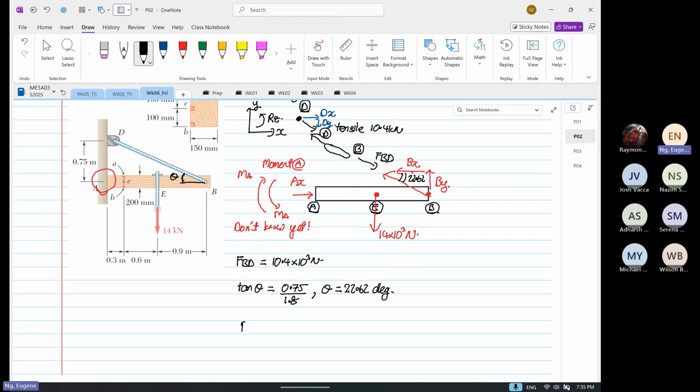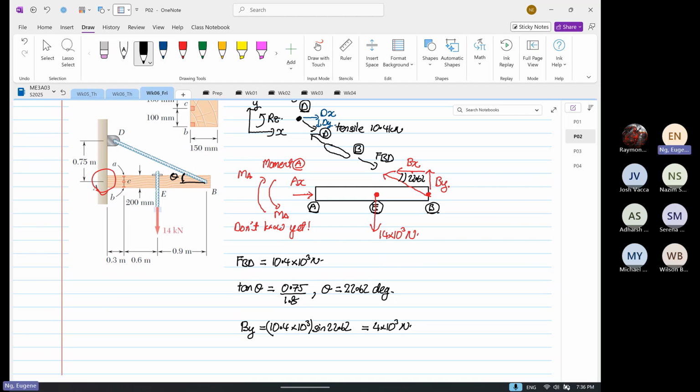So By is equal to 10.4 times 10 to the power 3, and then sine of 22.62. Okay, so 10.4 times 10 to the power 3 times sine 22.62, I get 4 times 10 to the power 3 Newton.